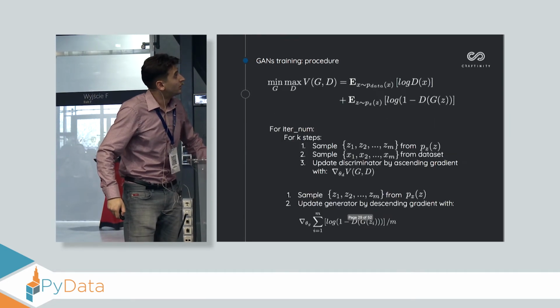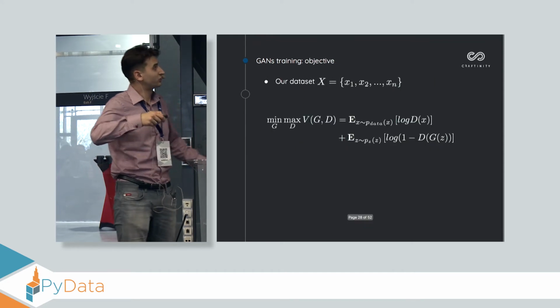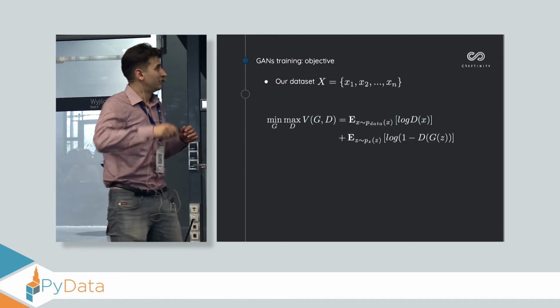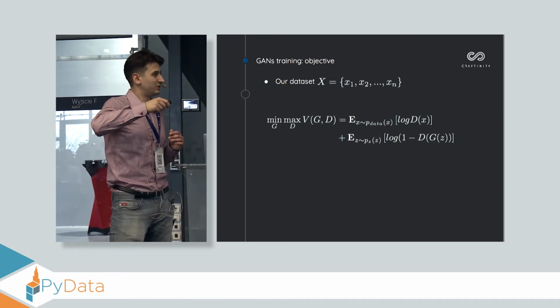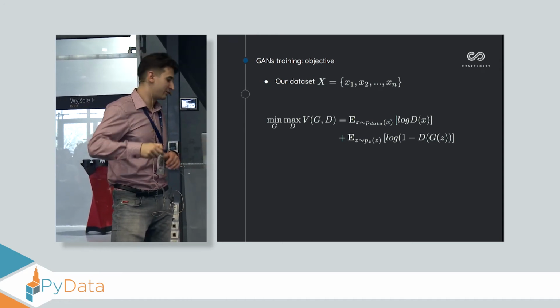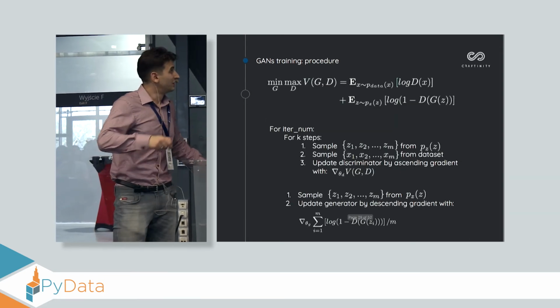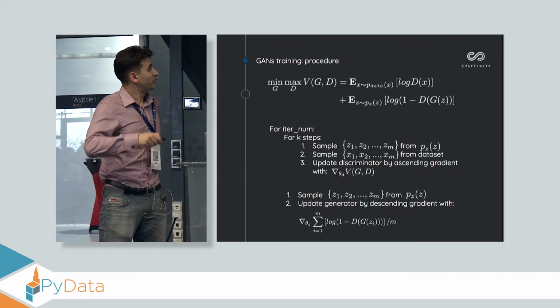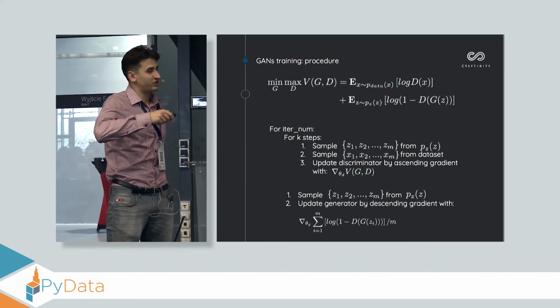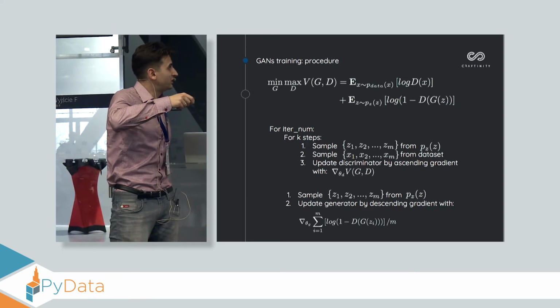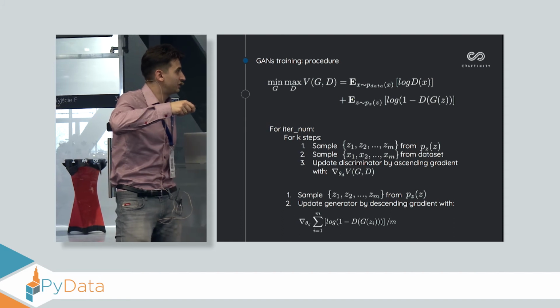So actually, training generative adversarial networks consists of solving a so-called min-max game. And the training procedure here is a complicated thing, because the basic procedure consists of alternating between updating the discriminator parameters and updating the generator parameters.